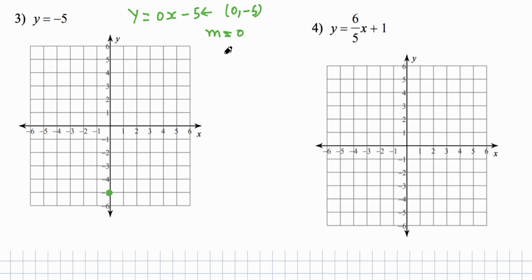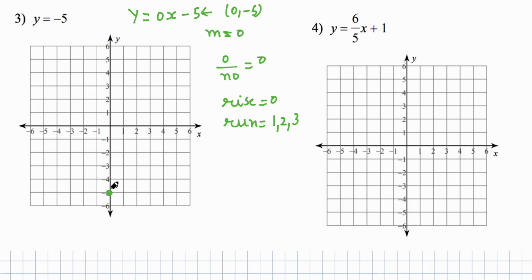Now what should I do? Let's learn one more concept. If we do 0 over some number, literally any number, it's going to be 0, right? So this time rise is equal to 0, and run can be any number. It can be 1, 2, 3, or any number.